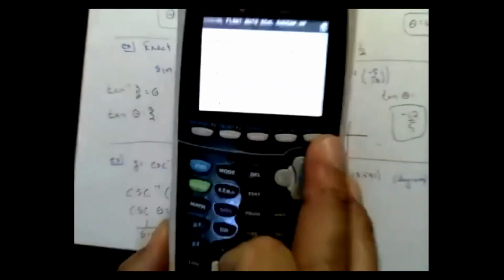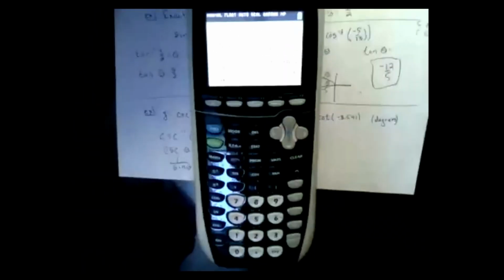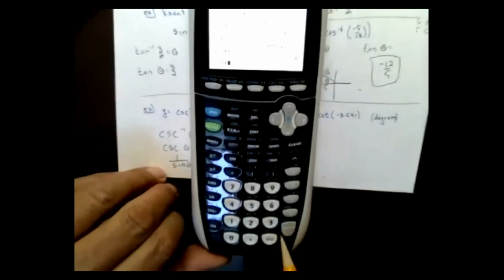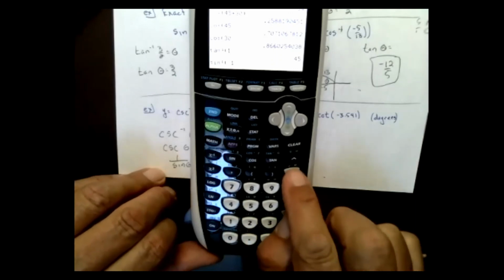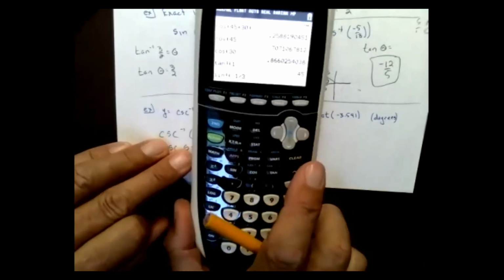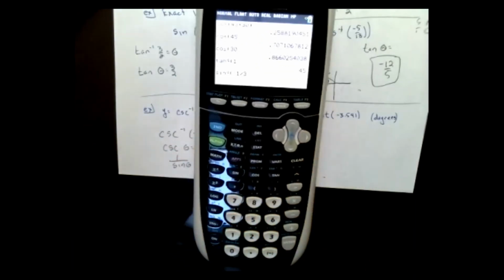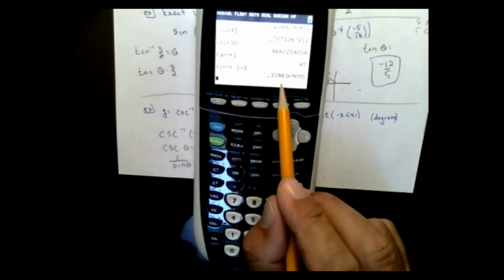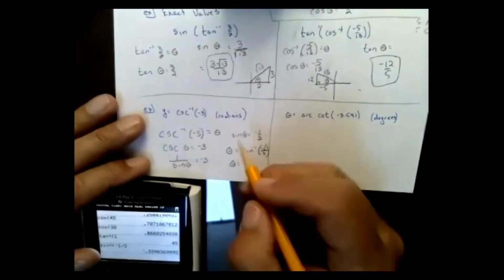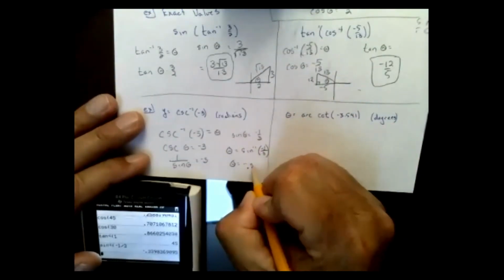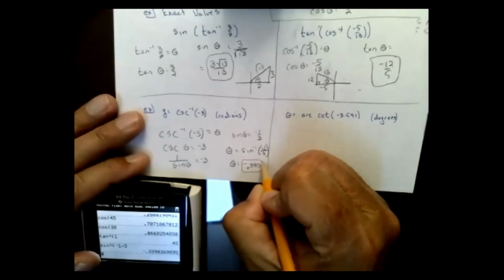Down on the bottom is where it is. That's my -1 divided by 3. Don't use the minus sign. If I hit enter, -0.339, that would round up, -0.340.